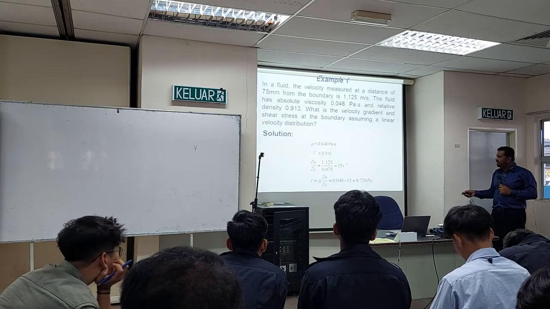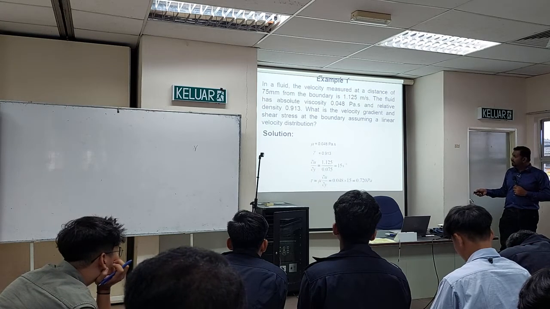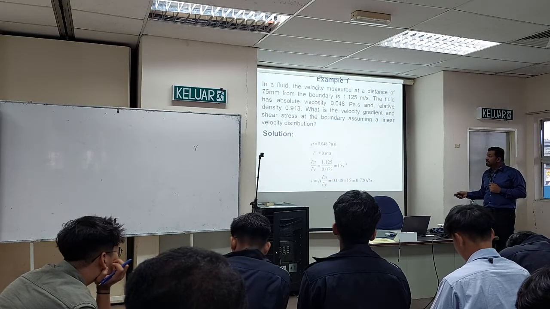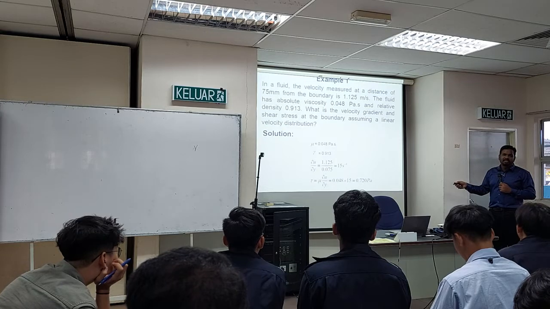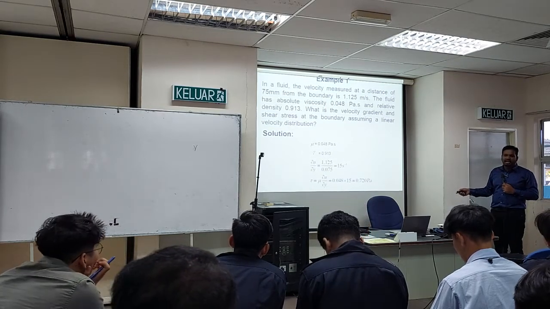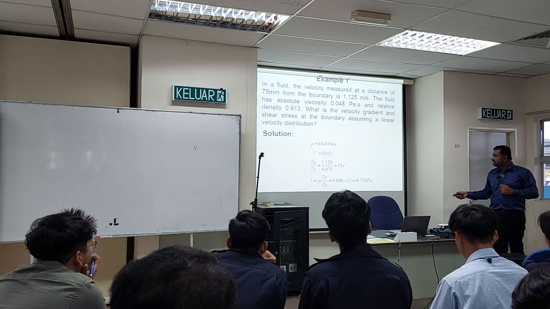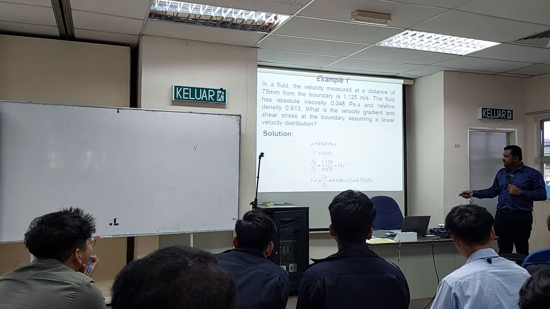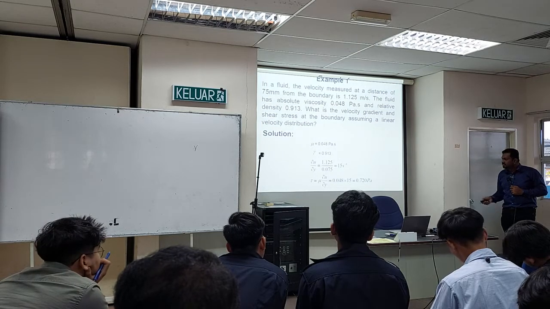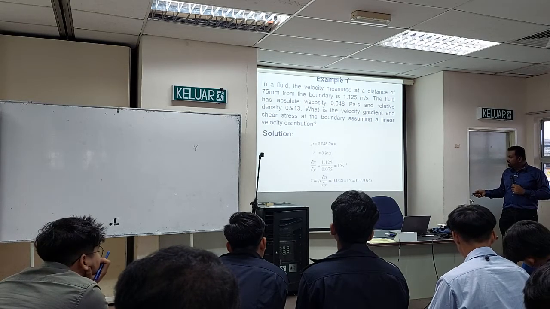So 1.125 meter per second divided by 0.075, where 75 mm is converted to meter. So you get du over dy as 15 per second. You cancel meter with meter, so it leaves per second. So 15 per second.